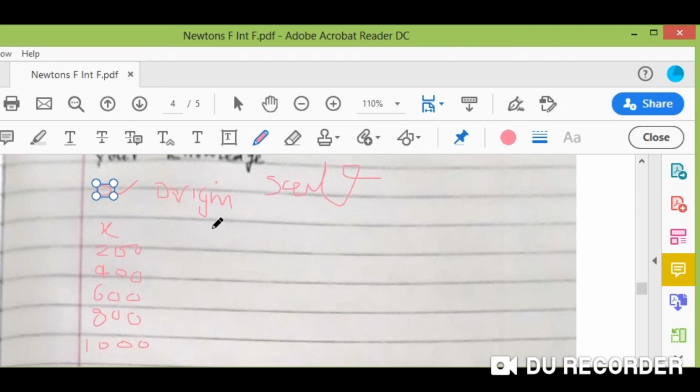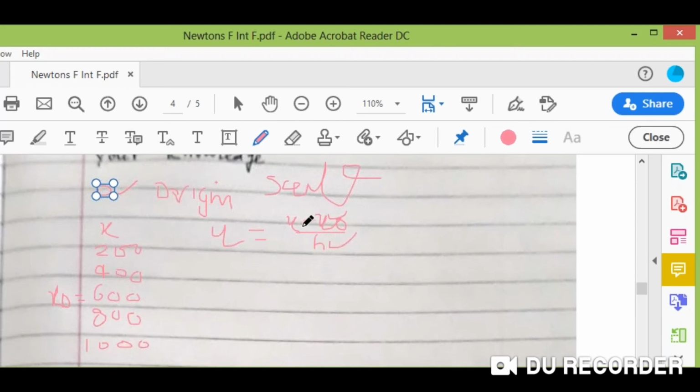Okay, first I explain another one. The new variable is u. u is defined as x minus x naught upon h, where x naught is the origin and h is the scale. Suppose x naught is 600. We are taking the mean here. For convenience, we have taken 600 as the mean.